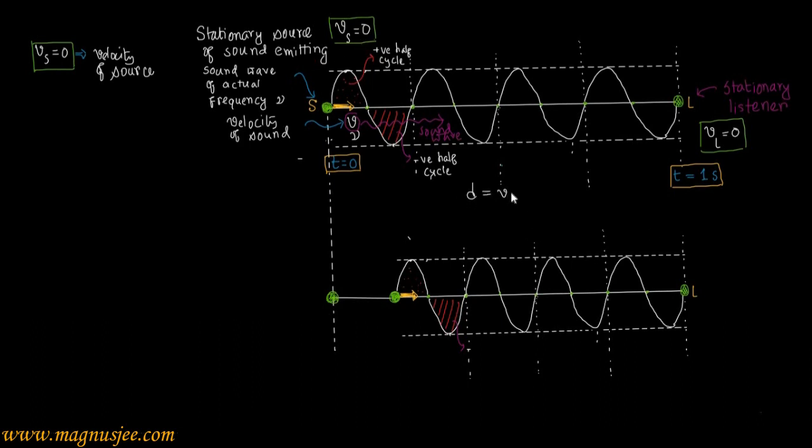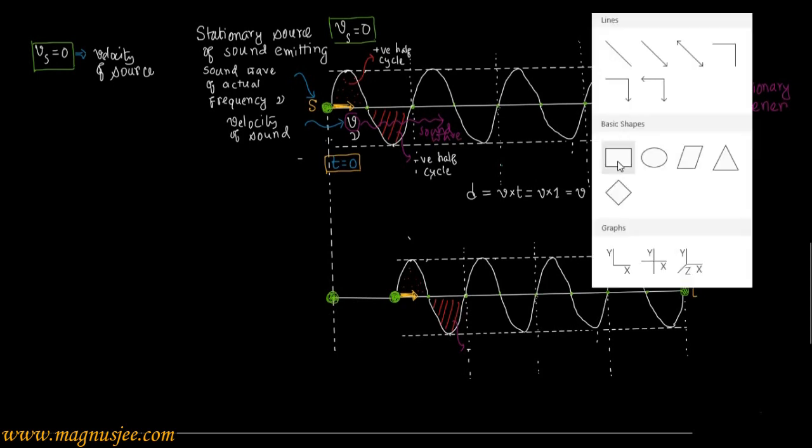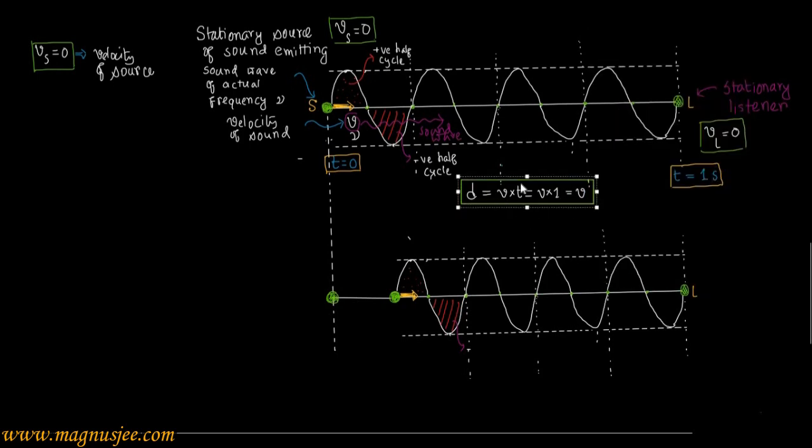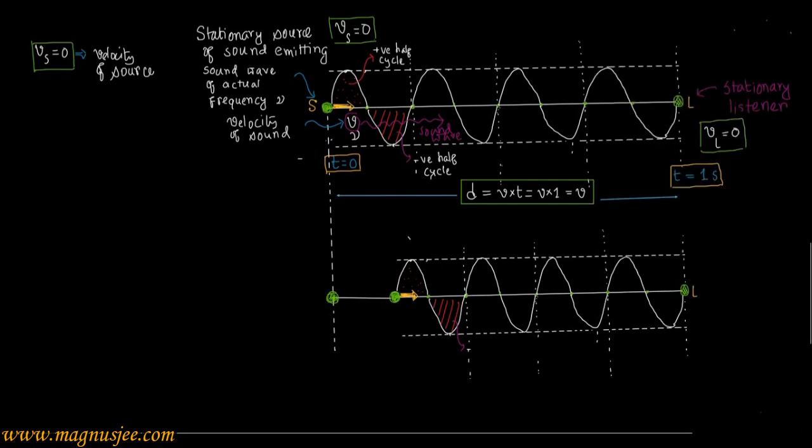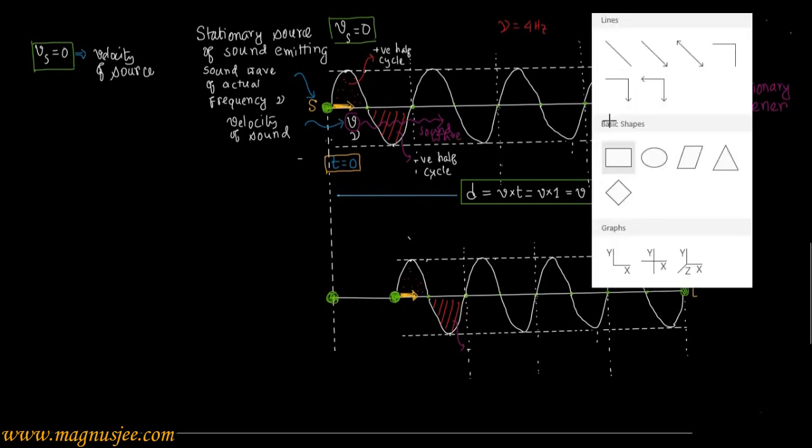The distance between the source and listener, or the distance traveled by the sound wave in 1 second, is d, which is equal to v into t, velocity into interval of time t, which is equal to v into 1, which is equal to v. That's why the distance traveled by the sound wave from stationary source to stationary listener is d, which is equal to v, the velocity of sound wave.